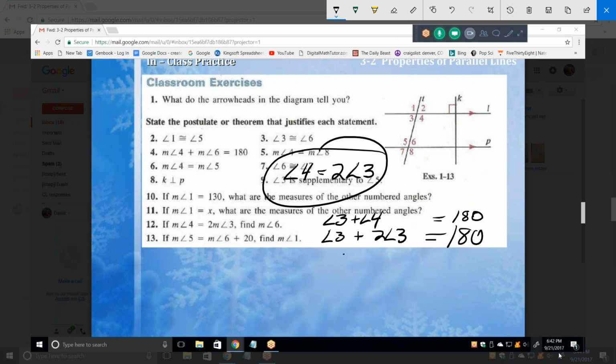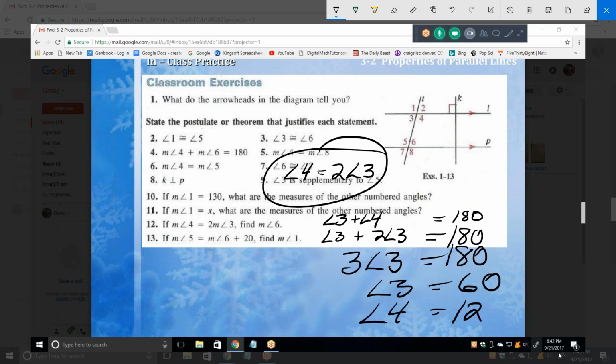Now I got 3 angle 3's has to equal 180. Angle 3 has to be 60, which makes angle 4 120. Now we can see that they are indeed supplementary, and angle 4 is twice the measurement of angle 3. Okay. All right.